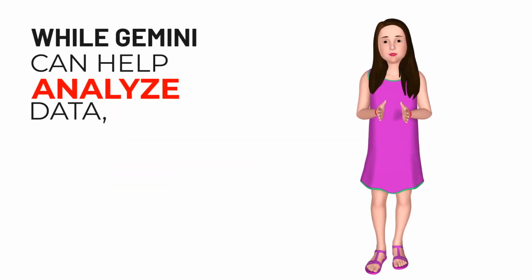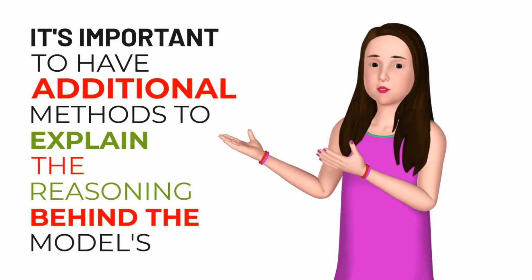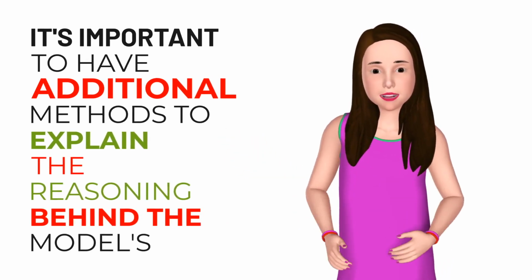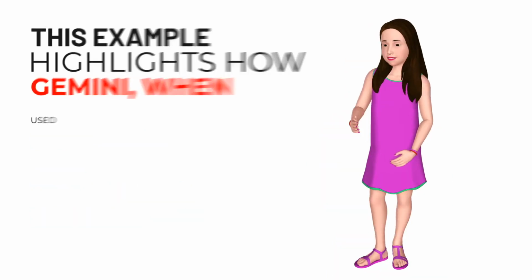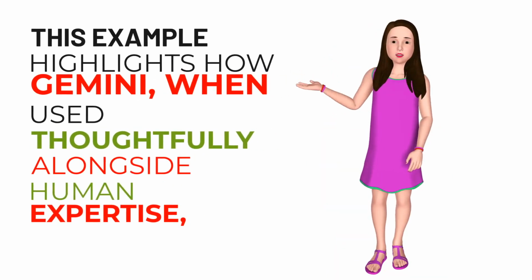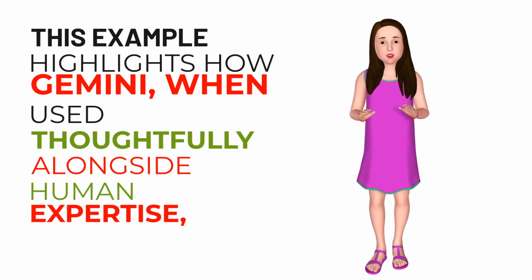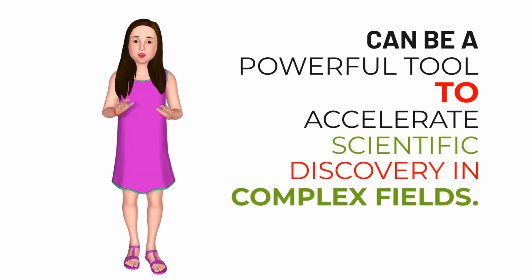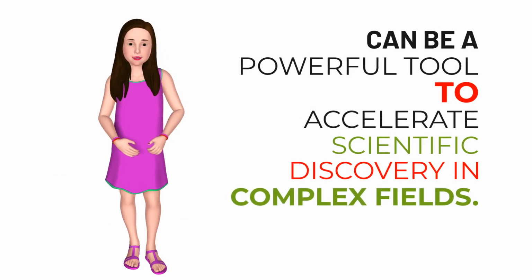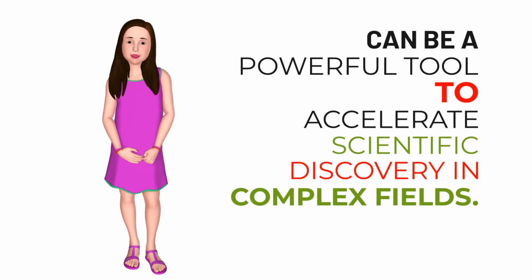While Gemini can help analyze data, it's important to have additional methods to explain the reasoning behind the model's prediction. This example highlights how Gemini, when used thoughtfully alongside human expertise, can be a powerful tool to accelerate scientific discovery in complex fields.